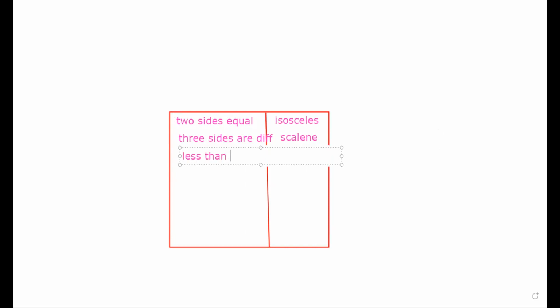Less than 90 degrees, acute. More than 90 degrees, obtuse. Equal to 90, right. Now, if you want, you can even draw the shape here.